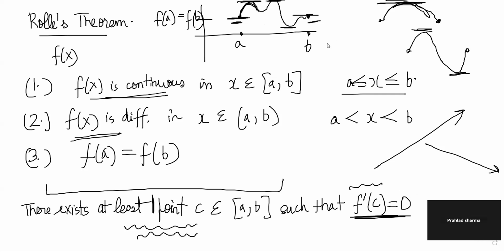So Rolle's theorem basically says that it guarantees that there will be at least one point C in that interval A to B where the derivative of C will be 0. And now using that theorem, what we can do is derive this very important idea.